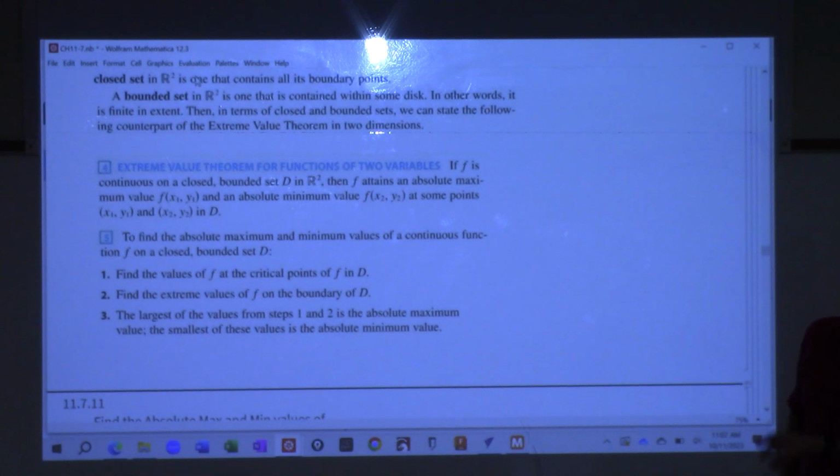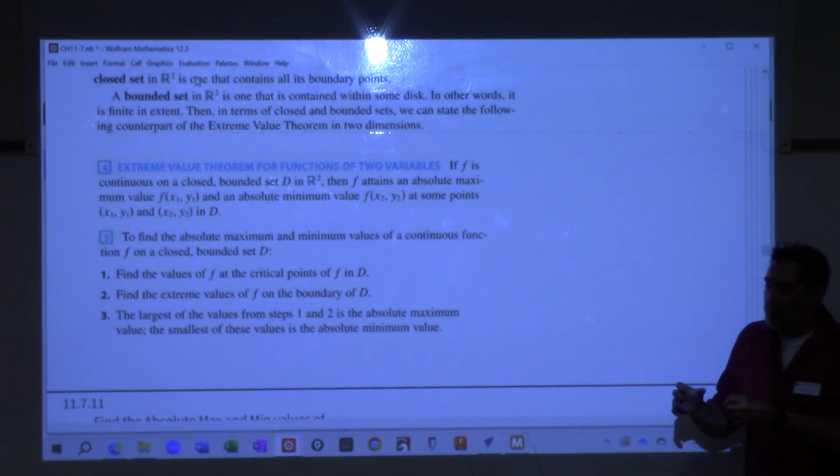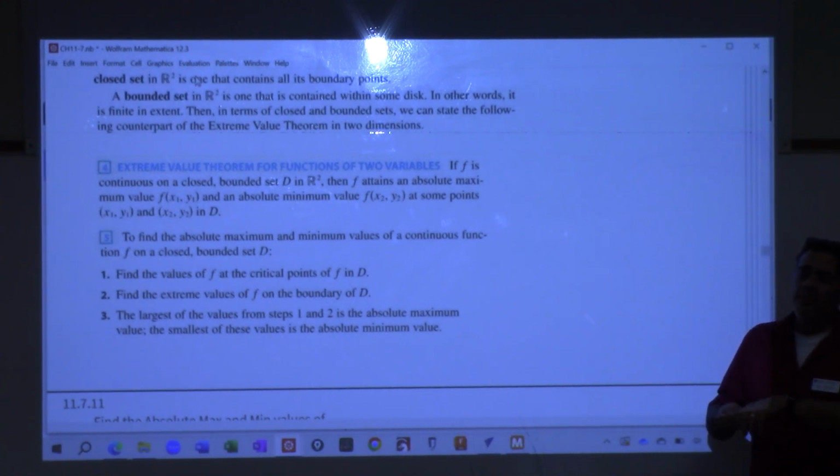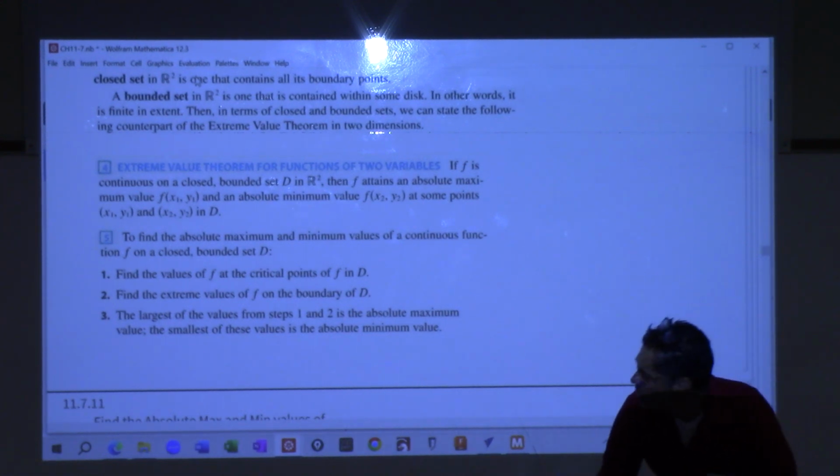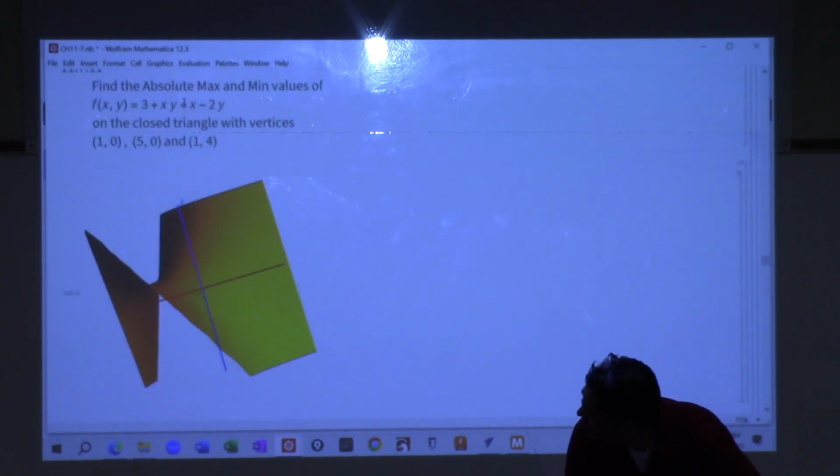It's going to make more sense when I do the example, but it's kind of a two-step procedure. First, we find the critical points and evaluate the function at those critical points. Then, the hard part, we find the extreme value of the function along the boundary. How do we move along the boundary? Because it's an infinite number of points. That'll be the trouble. So let's do this first one.